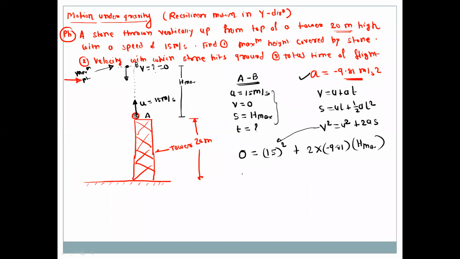So you can find out the value of h max. So this is 225, that is 15 square, divided by 2 into 9.81. So that is equal to 11.46.